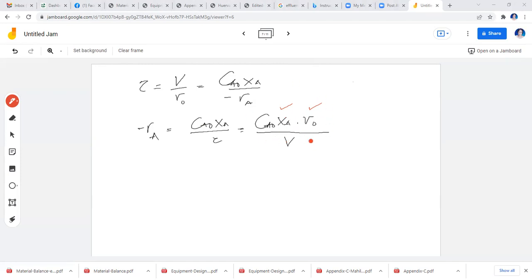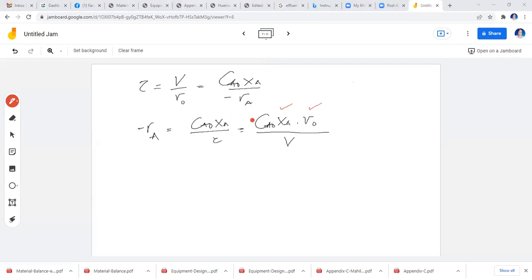So meaning for each of your runs, in order for you to find the rate, you need to find these two as well. But since our equation already has the V sub O and you already have the V, you need to determine first the XA. Now, what's our formula for the CA at any particular time when you already have XA?